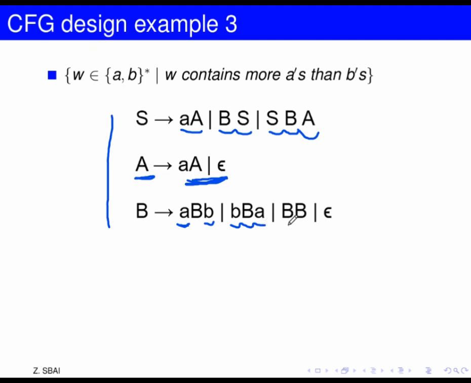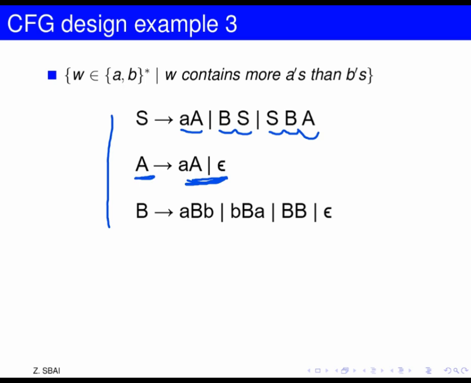And also we need to add this rule: each B can yield to B concatenated to B, in order to accept, for example, this kind of balanced string. We start with b and we end with b, and in the middle we have double a. So we have a balanced number of a's and b's.